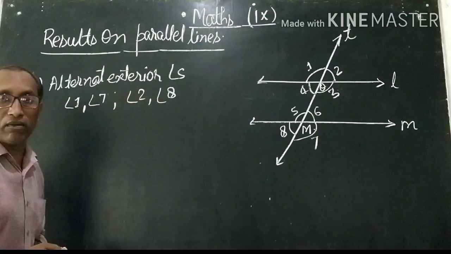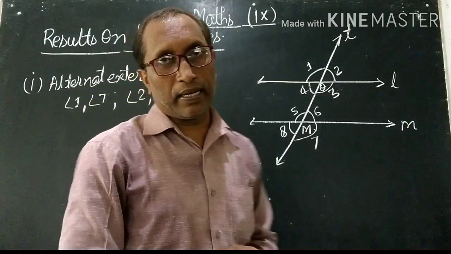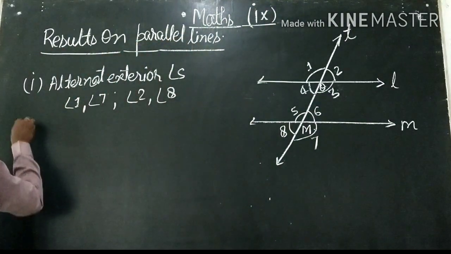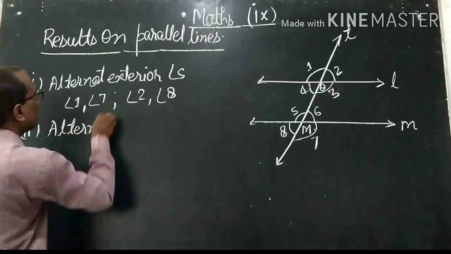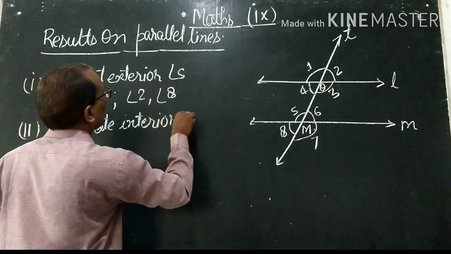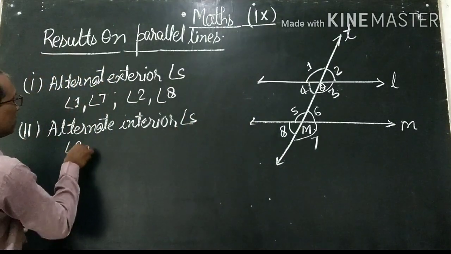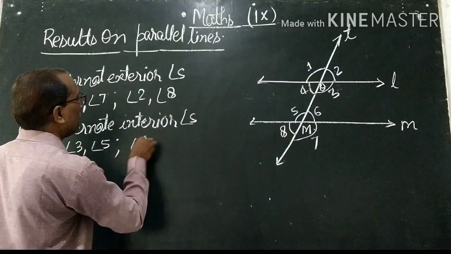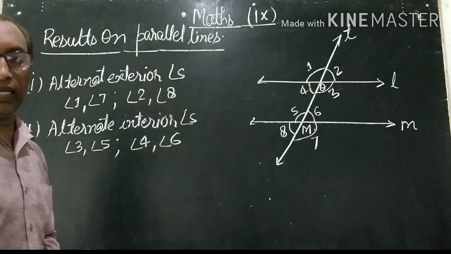These are also equal by the property of parallel lines. Second, alternate interior angles: angle 3, angle 5, angle 4, angle 6. These are alternate interior angles.